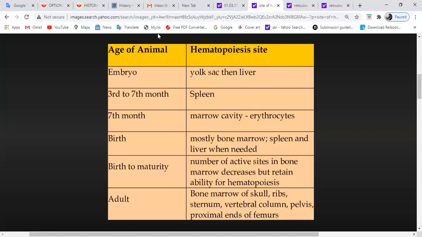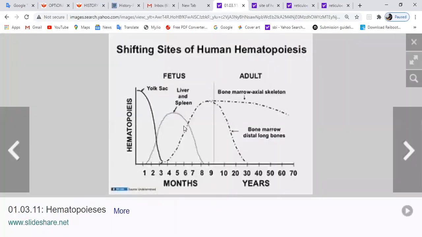If you see this particular graph, it clearly demonstrates how this is happening. In the fetus, this is in months, and after this, the time is given in years. So keep in mind, hematopoiesis first happens in the yolk sac, and you will see this graph decreasing around the 3rd month.